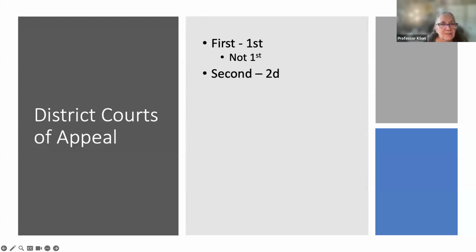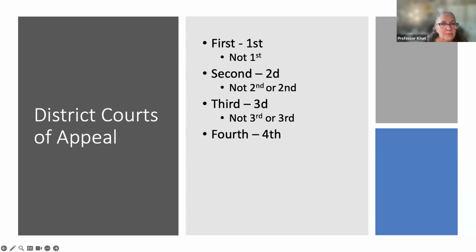For the Second District Court of Appeal, instead of 2ND, it is 2D. Again, no superscript, so it's not second or even second without the superscript, it's 2D. For the Third District Court of Appeal, same thing, it's 3D. So it's not third with the RD, as you would say it out loud, or third with the RD not in superscript.